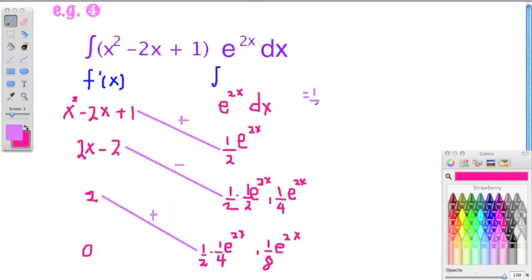We get 1 over 2 e to the power of 2x times x squared minus 2x plus 1, minus here 1 over 4 e to the power of 2x times 2x minus 2.